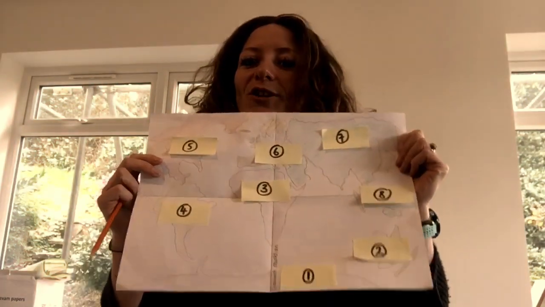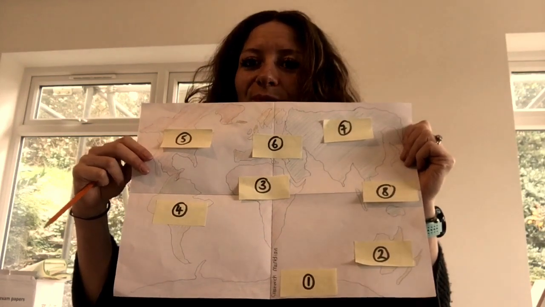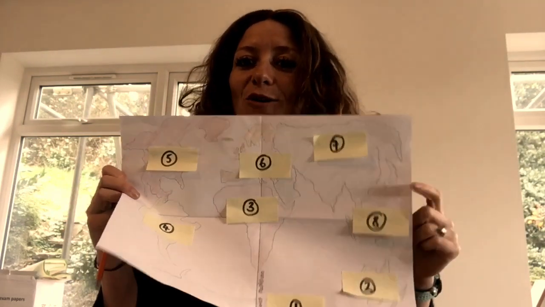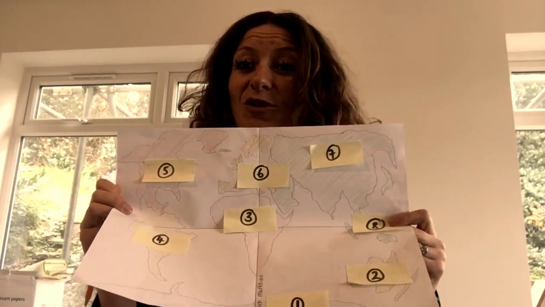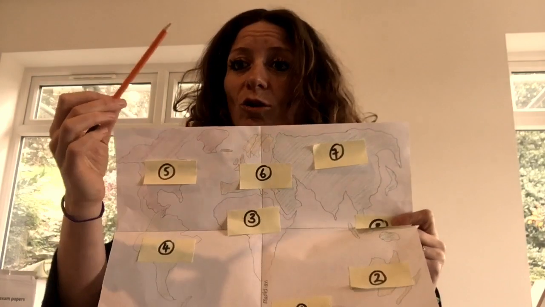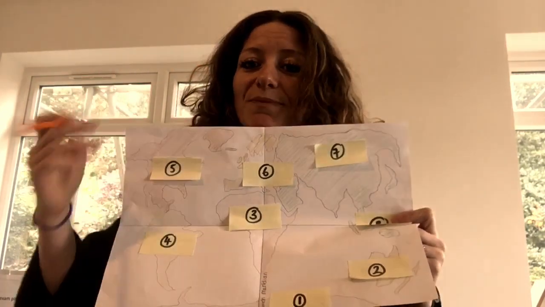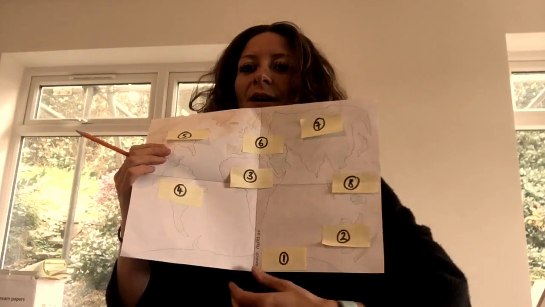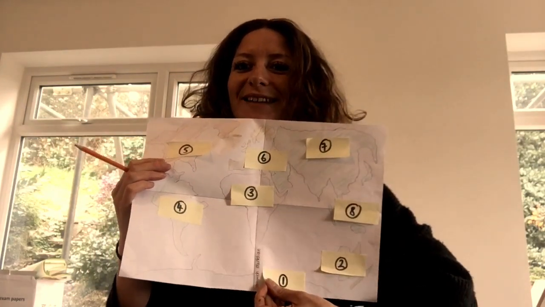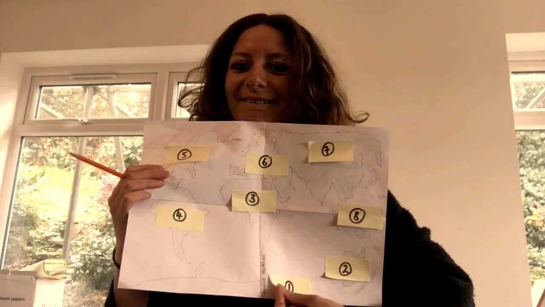Now, what I'm going to do, I'm going to peel off each of these stickers one at a time, and I would like you to give yourself a tick if you got the answer right. If you didn't get the answer right, then take your colour pencil and just make any changes that you need to, okay? So, continent number 1, everyone say it together, Antarctica.